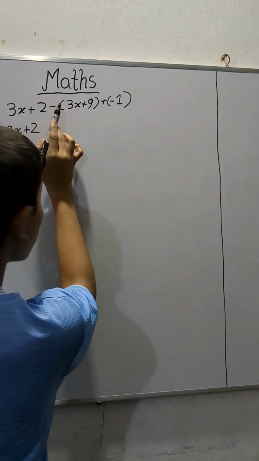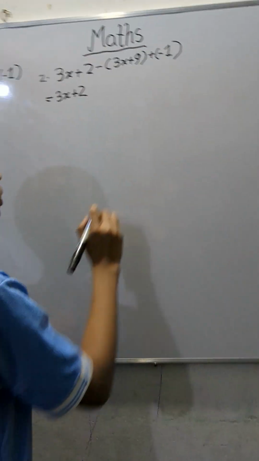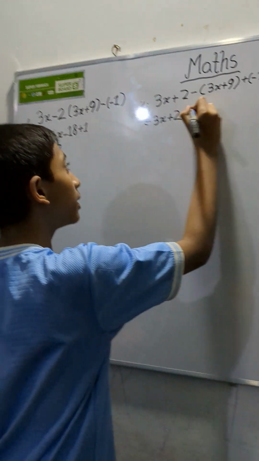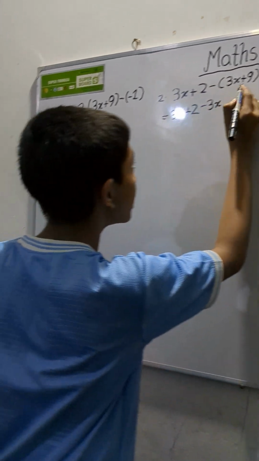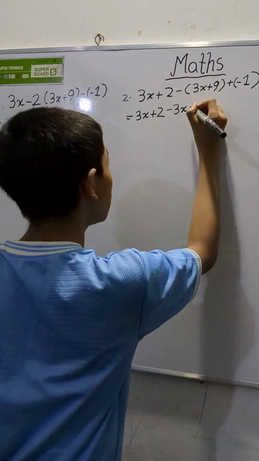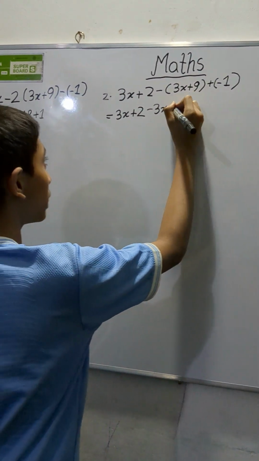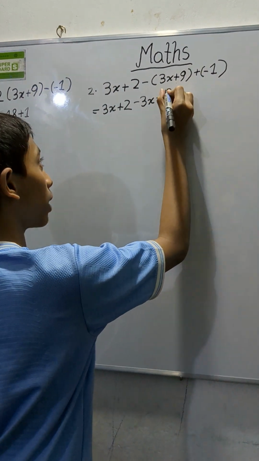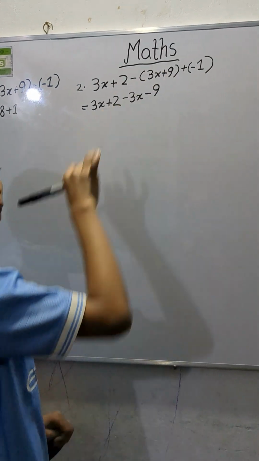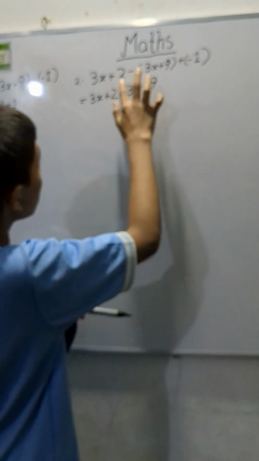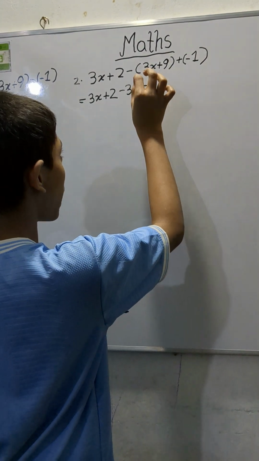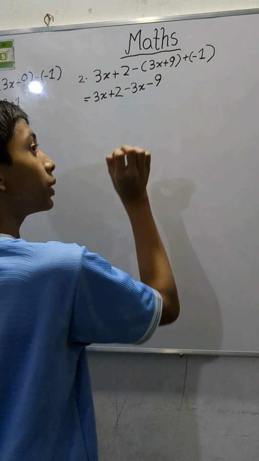If we multiply plus with minus, it is minus, so here will be minus 3x. Here's a plus sign and here's a minus, so it will be minus. The number will be same, but the sign will be different because here's a minus sign. Remember, if here's a minus sign, the signs will be changed and the numbers will be same.